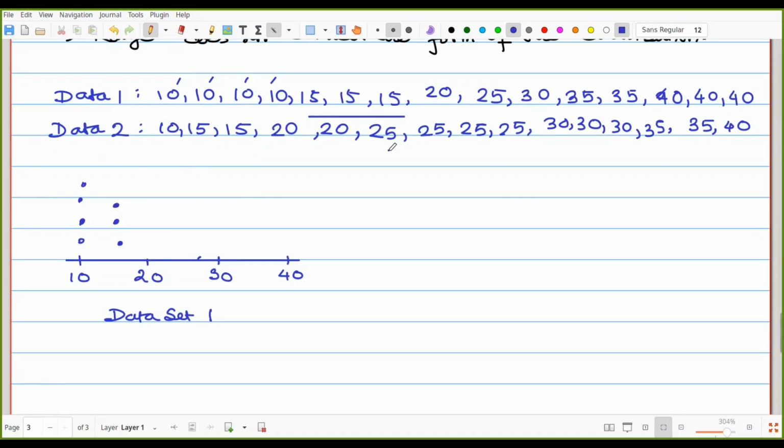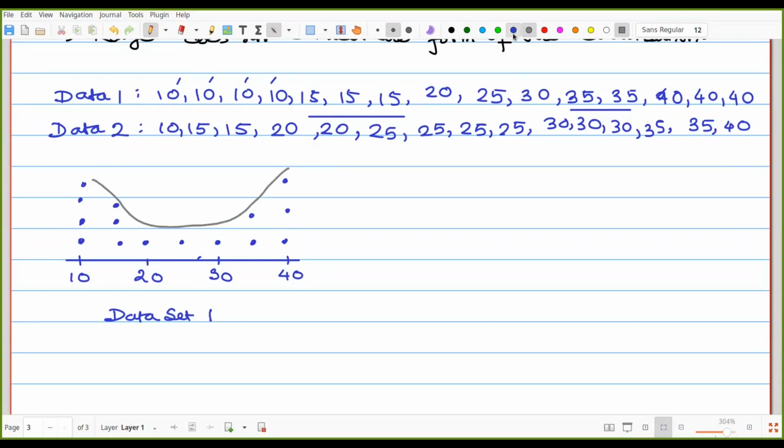Then we have one 20, one 25, one 30. Two 35s are there, and three 40s are there. So that is the first one, which looks like this type of distribution.